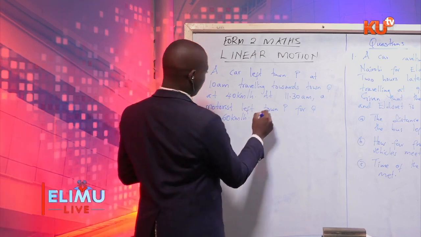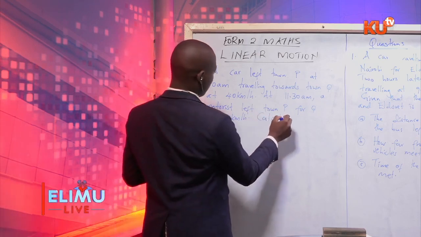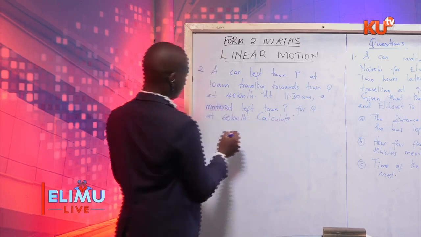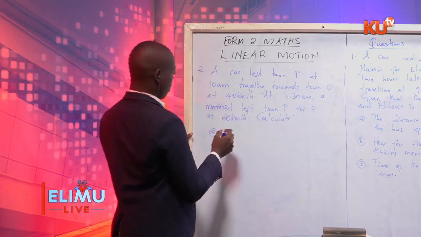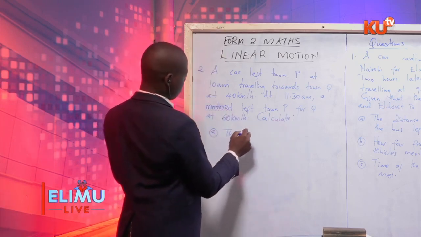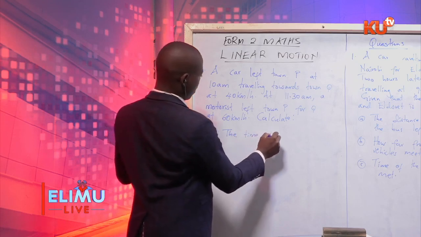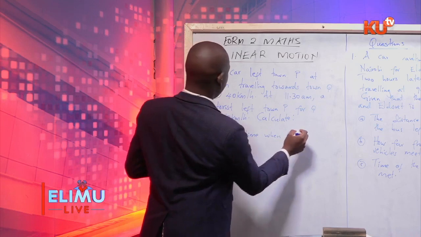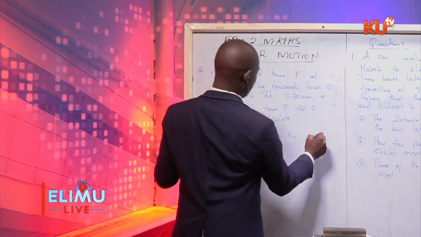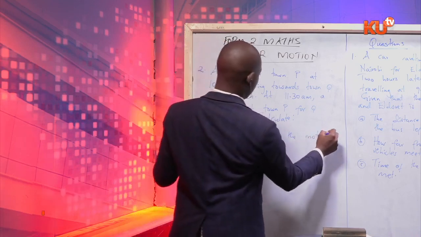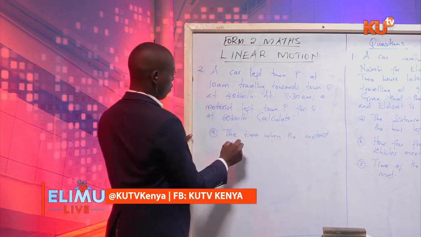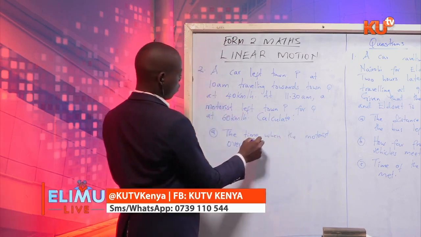Then you're told to calculate part A, the time when the motorist overtook the car.